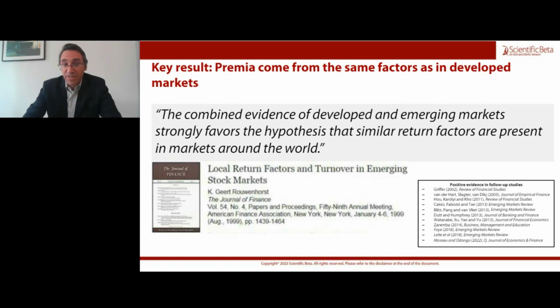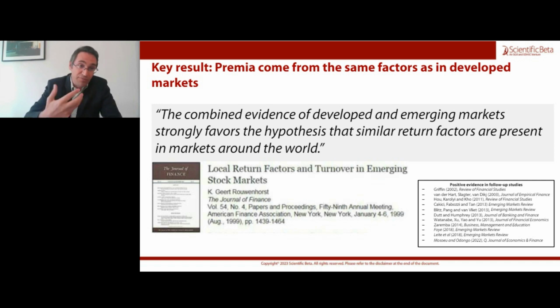Now, there is a maybe surprising answer to this question. Going back to academic research as early as about the turn of the millennium, where people basically came up with evidence looking at emerging market equity, the overwhelming result of these studies is that you actually tend to find the factors that have been documented on US data and developed equity data, and those same factors also show up in emerging markets.